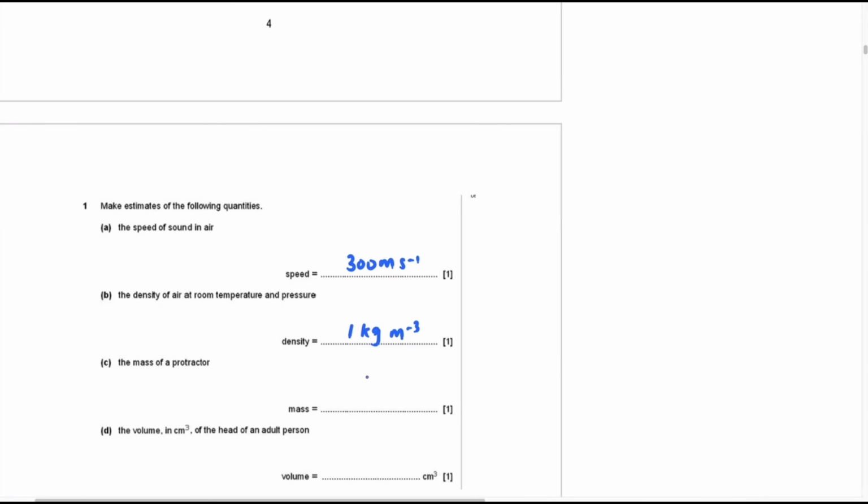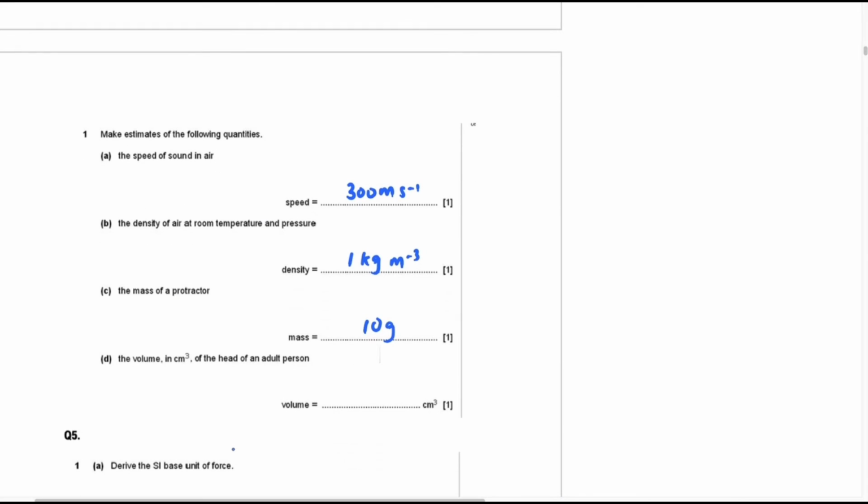You have to imagine your plastic protractor, about 10 gram. How to imagine? Yeah, there is a range in the mark scheme, so it's about this. So there is a range.